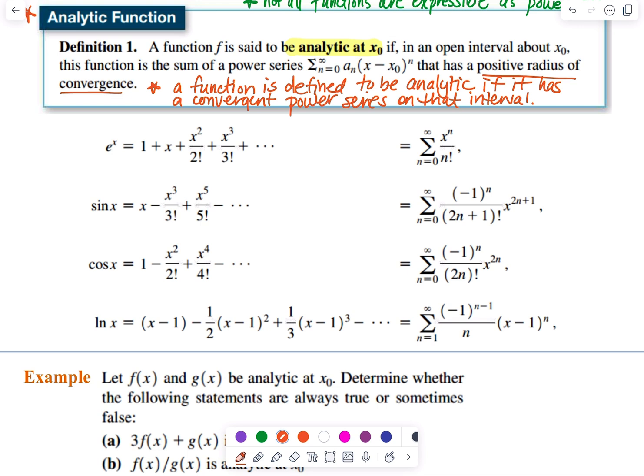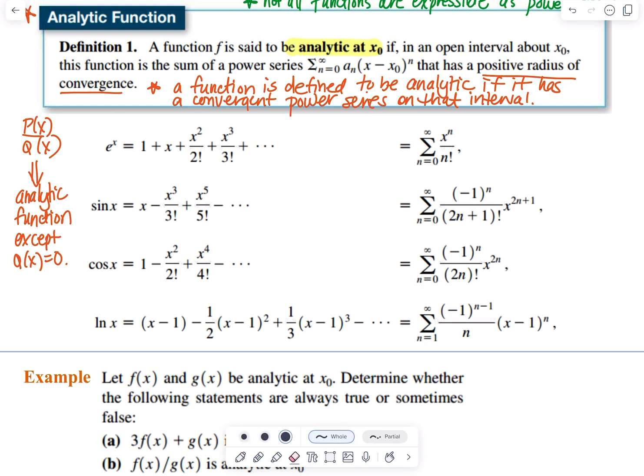We have rational functions, p of x over q of x, and these are analytic functions, of course, except for those rational functions when q of x is equal to 0. We know, of course, all of our polynomials are analytic functions.